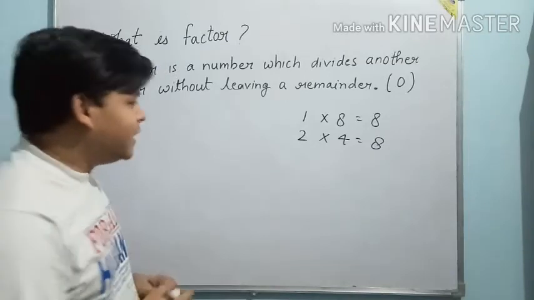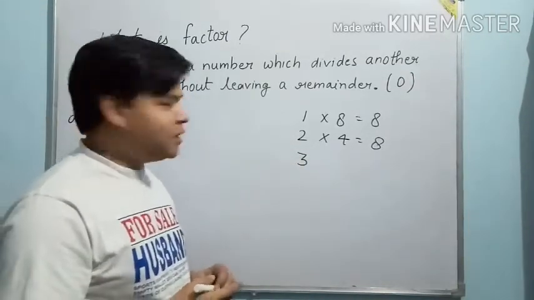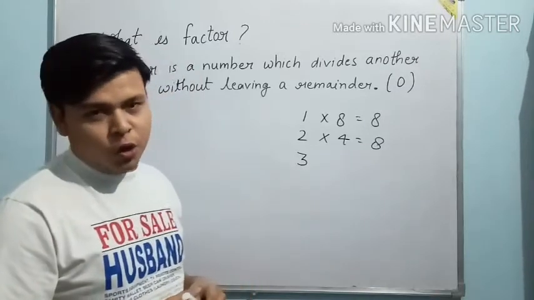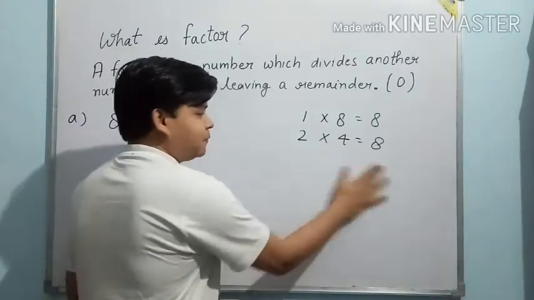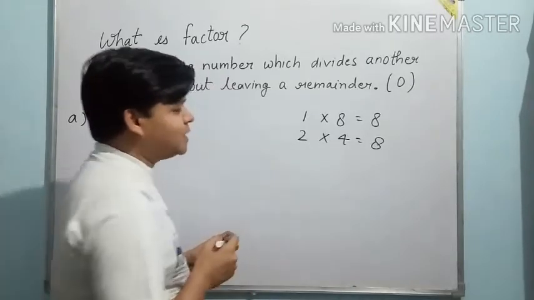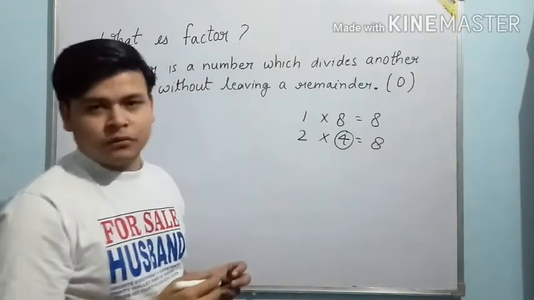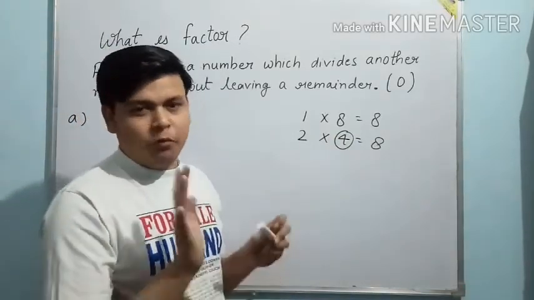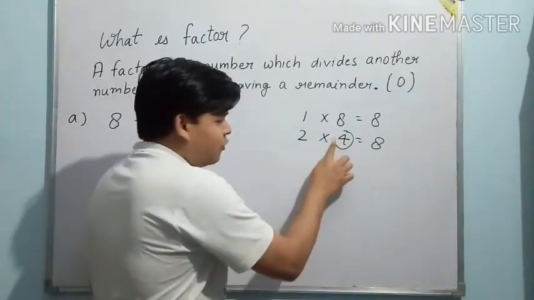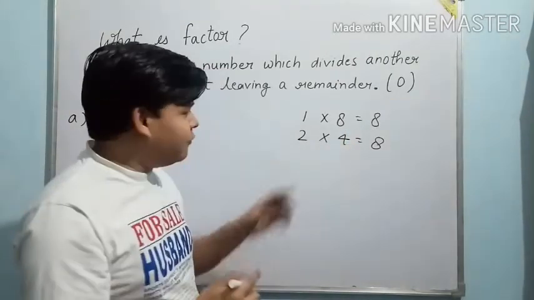Similarly, if I think about 3, does 8 come in the table of 3? As we all know, no. So we will skip this number. Let's move to number 4. But as we can see, 4 is already done here. So whenever a number repeats, we will stop there. After 2 we have to write 4, but 4 is already done.